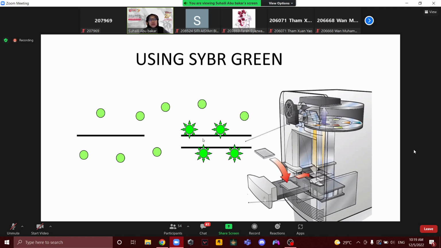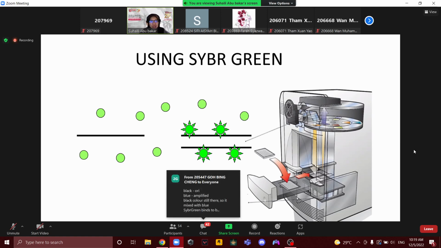But the thing is, it also binds to the black one, so it is less accurate. Instead of reporting only the new double-stranded product from the specific target primer, it also includes a little bit from the black DNA. Do you understand? Thank you.